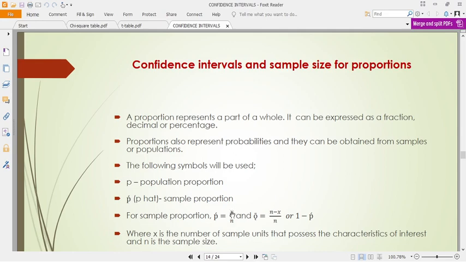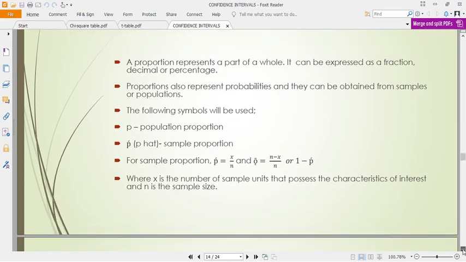For example here, if I'm interested in looking at agriculture and food science students, my interest is to find out how many agriculture students are in the class. So X will be the number of agriculture students. X represents those units that have a characteristic of interest.